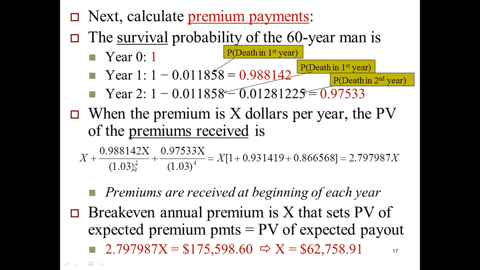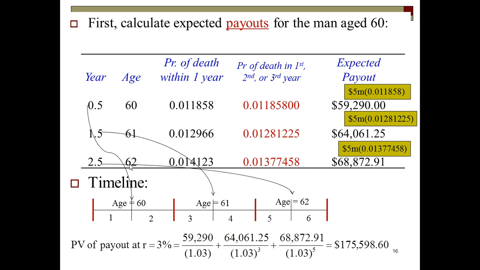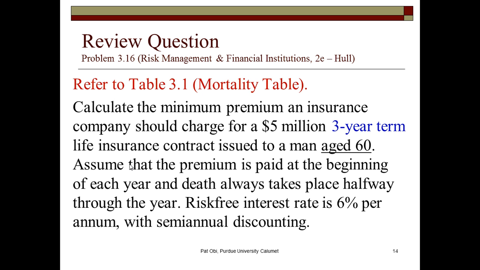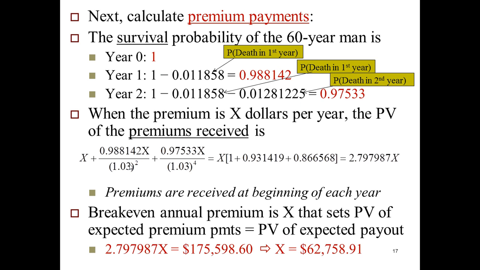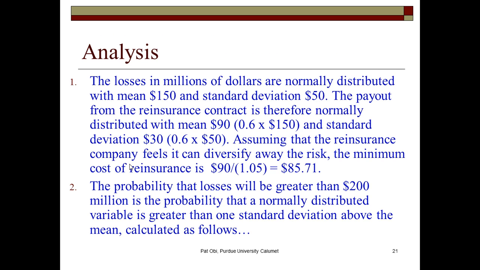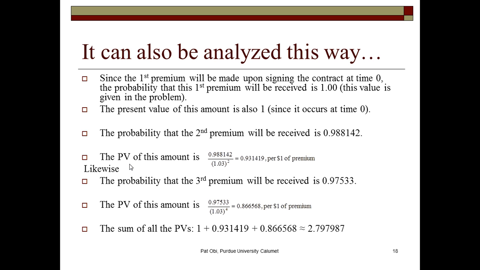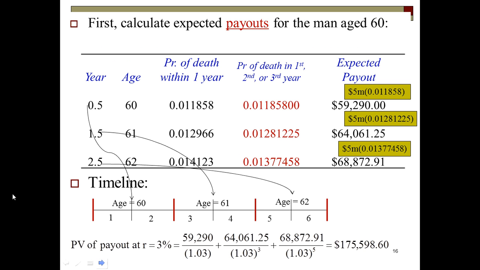Remember, payments are made at the beginning of each year. So in this case, this second premium would be made, if I were to, let's see, do I have any kind of drawing here? I should, right here. All right, so the first premium is made here, the second one here, the third one right here.